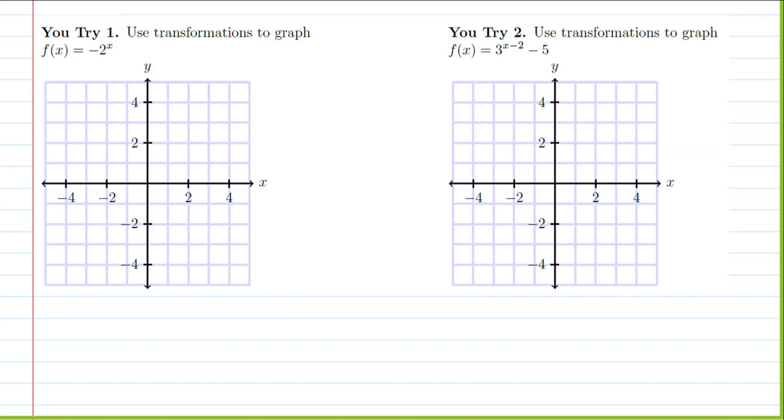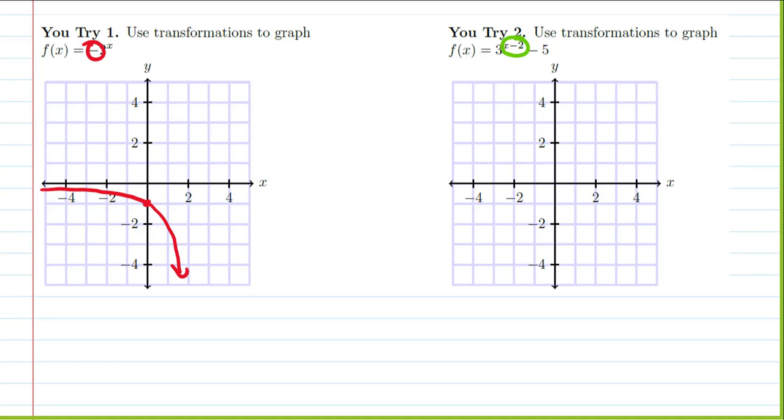All right, so on our first one, we have the negative sign, so that's going to be a reflection across x, so it reflects from (0, 1) to (0, negative 1), doesn't move our horizontal asymptote, so our graph would look something like this. In our second one, we have two things that are happening.